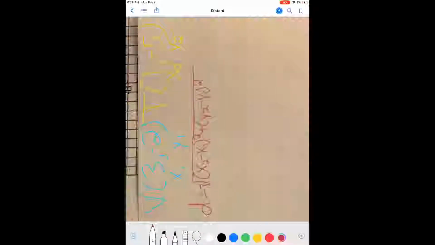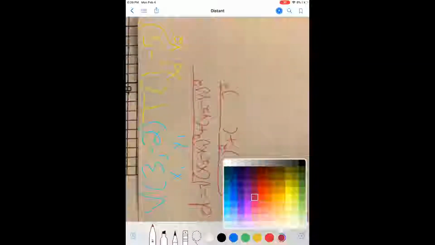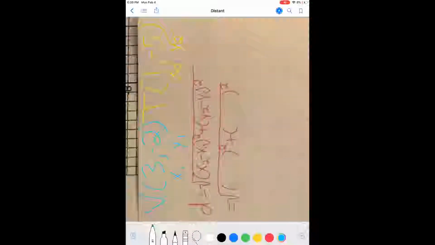And we're substituting in our values, so we still have D equals the square root. We still have 2 parentheses, we still have the parentheses squared, and we still have addition in between. Now we're going to substitute some values in.